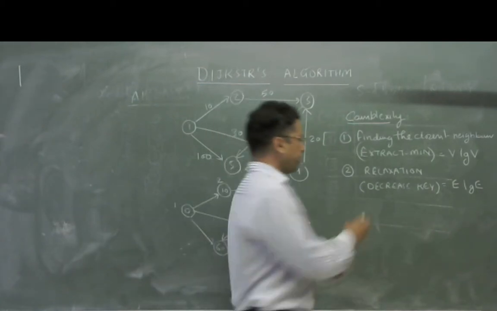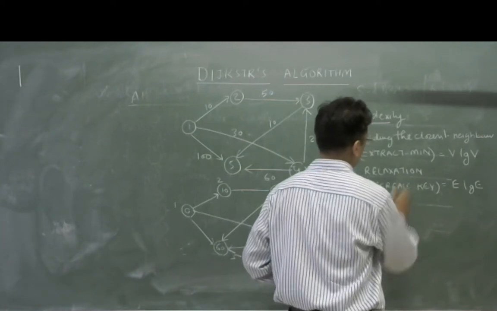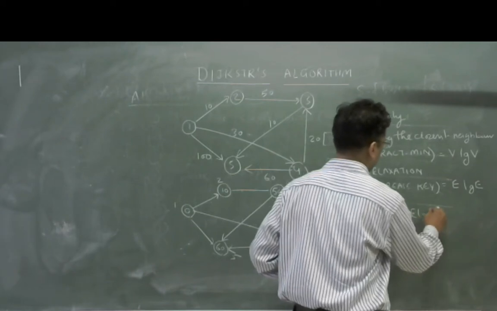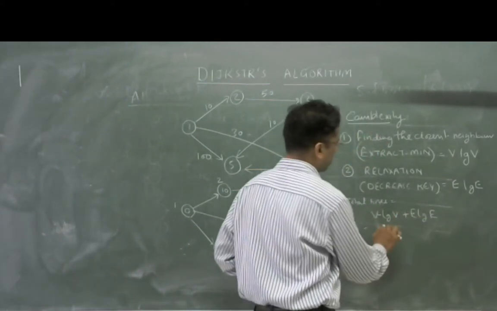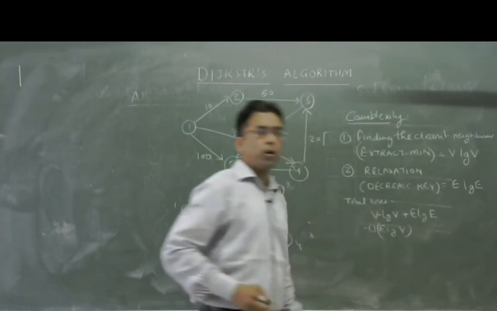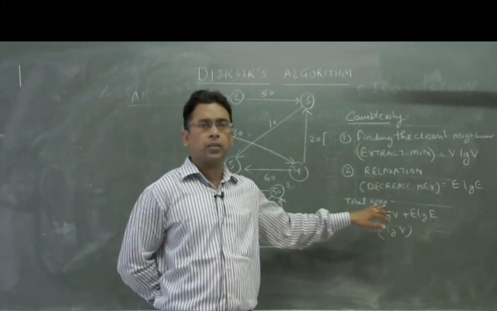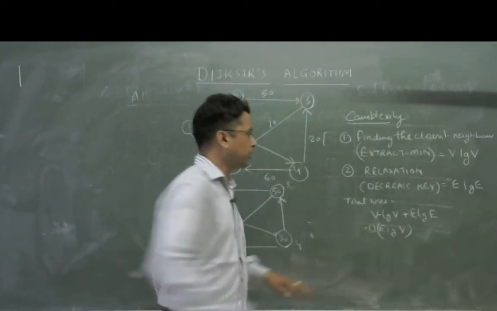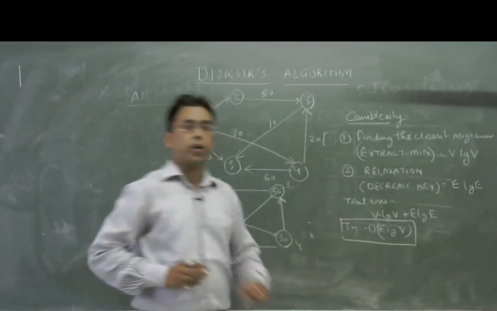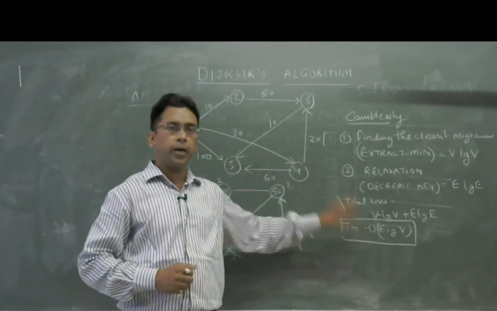So the total time is v log v plus e log v, and that is roughly e log v, because the number of edges is definitely equal to or more than the vertices. So overall complexity is T(n) equals O(e log v), and the data structure we are using here is the binary heap.